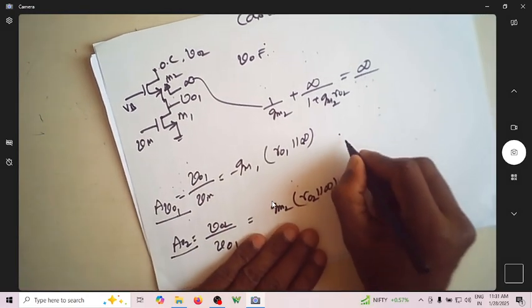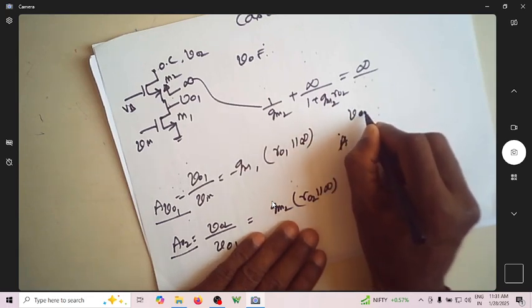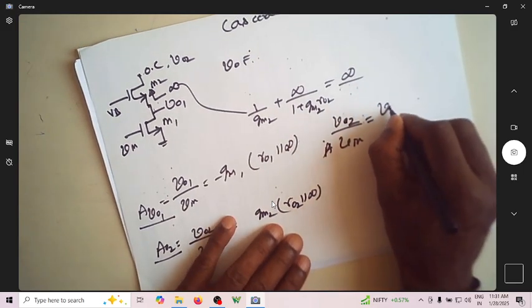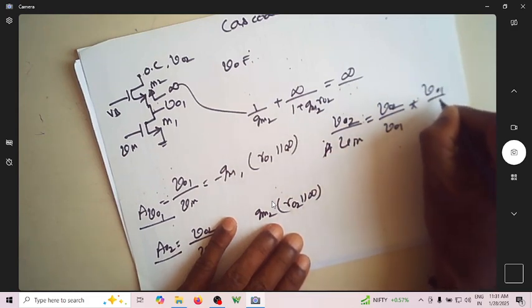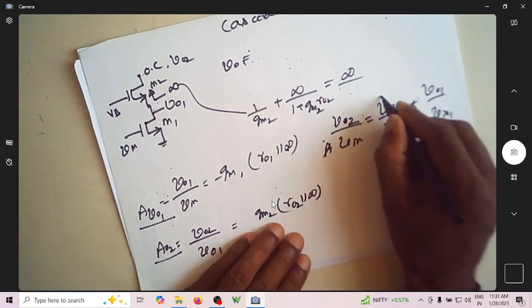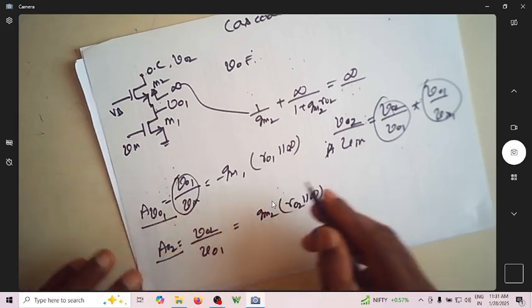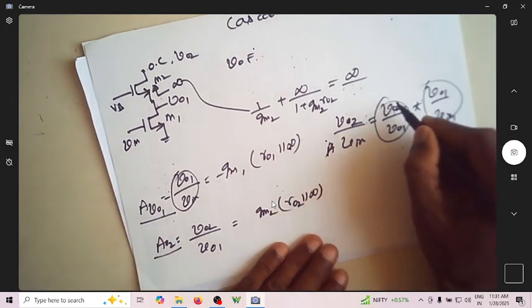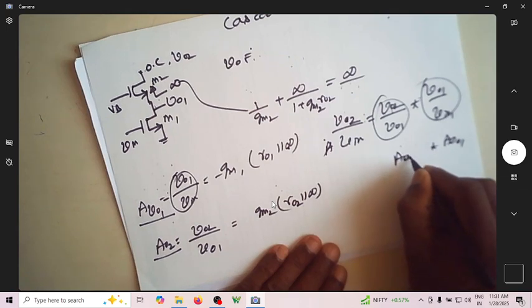So what is the overall gain? Overall gain is Vo2 by Vin. I can write it as Vo2 by Vo1 times Vo1 by Vin. I know what these are: Vo1 by Vin is Av01 and Vo2 by Vo1 is Av02.